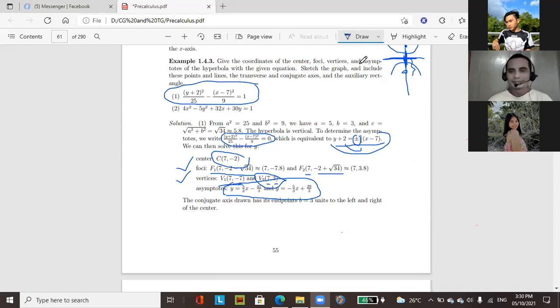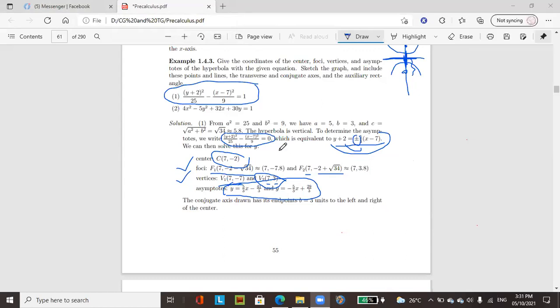Asa gikan ang 29 over 3, sir? Yes. Gikan din wait sa kani sa atong asymptote. Si 5 over 3 ato anong gi-distribute diri. So you have 5 over 3x, plus minus 5 over 3x.